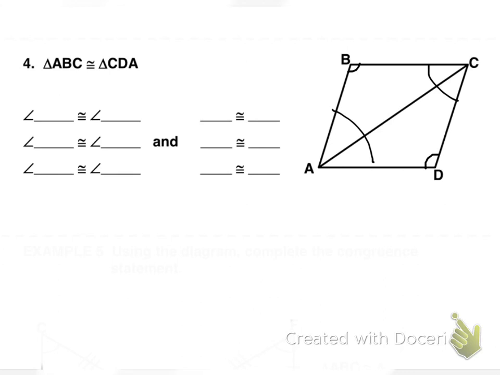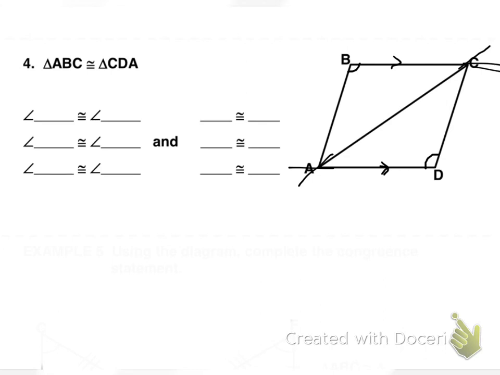Okay, so since that's a parallelogram, then we know that we've got two parallel lines cut by a transversal, and so when you look at it that way, these alternate interior angles are congruent.